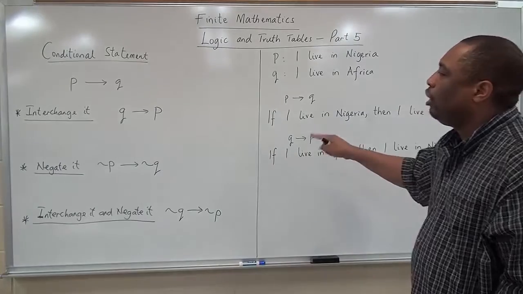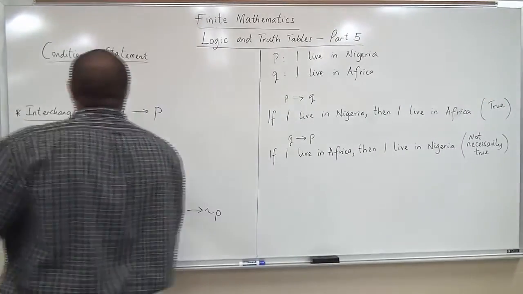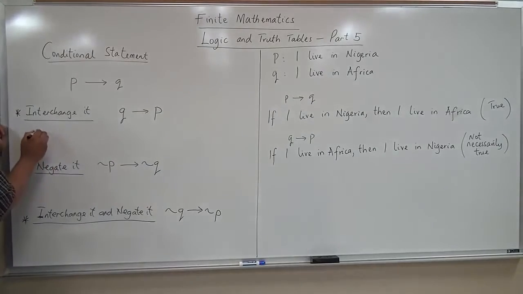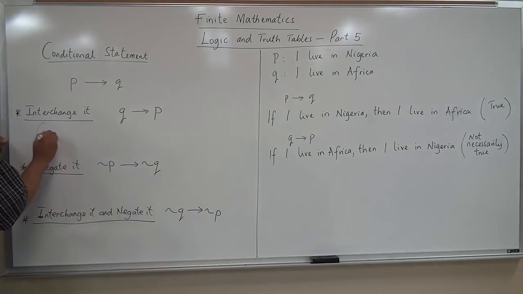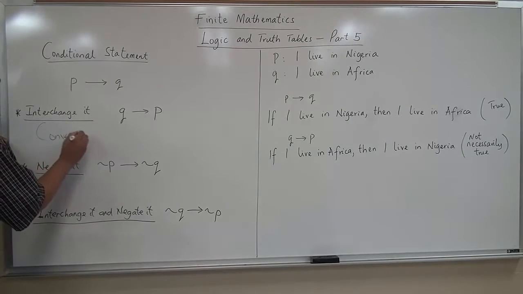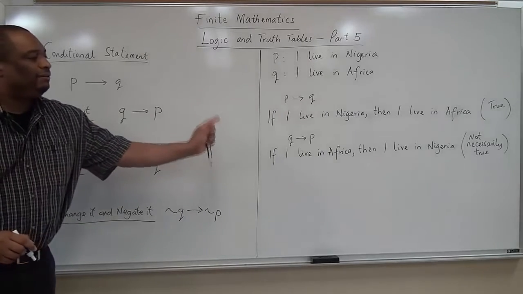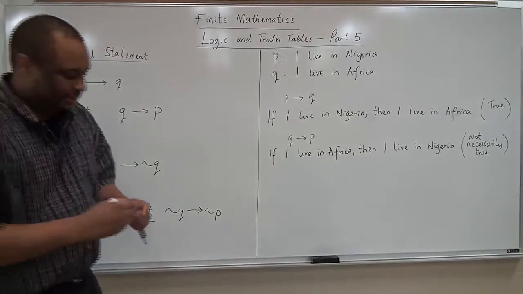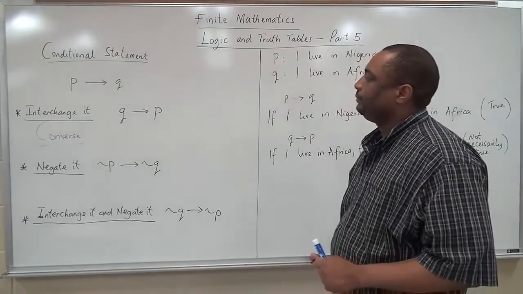Now, this is what we call the converse statement. This is the conditional, and the converse statement is: if I live in Africa, then I live in Nigeria. That is what we call converse.